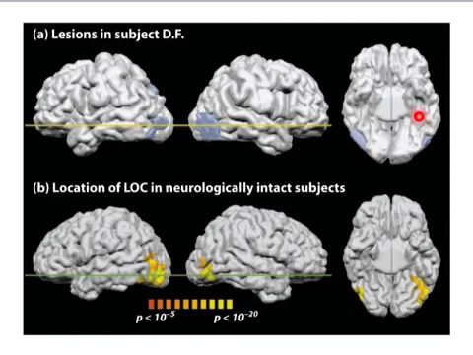So this was, again, her cortex, a model of her cortex, of course, and these are healthy subjects. So she had lesions in exactly these areas of the healthy subjects. And the activation of these areas in healthy subjects was taken using fMRI when they were viewing objects.